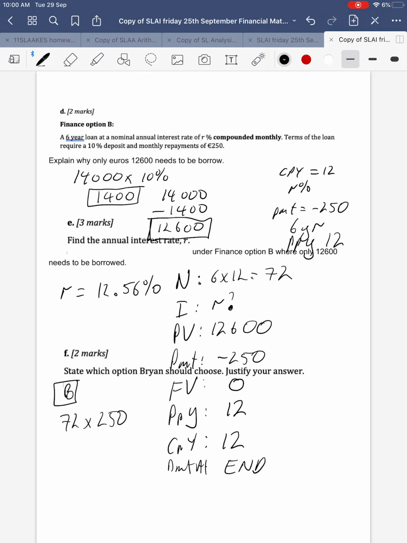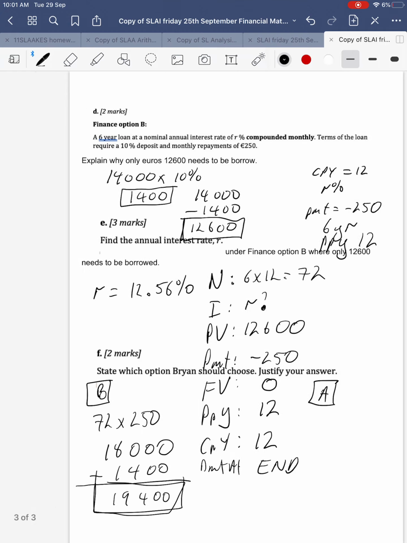If we type that in, we actually pay 18,000 back. Don't forget we also pay the 1,400 deposit, so we're paying 19,400 effectively for the car overall.